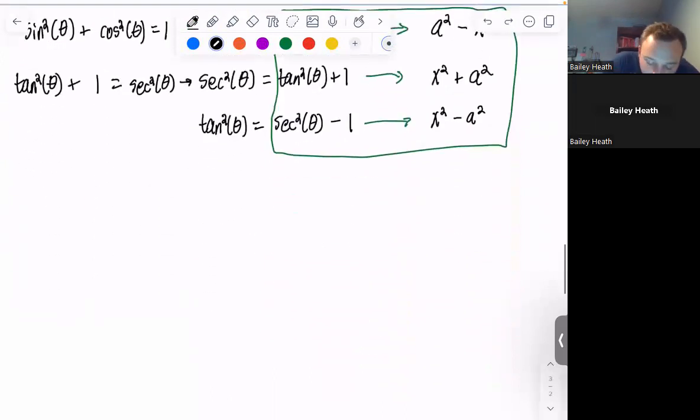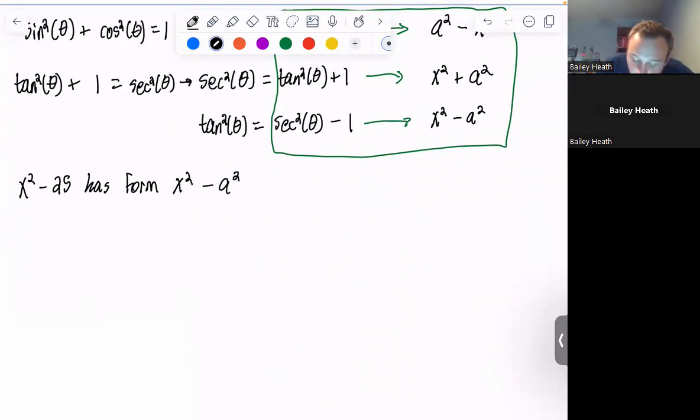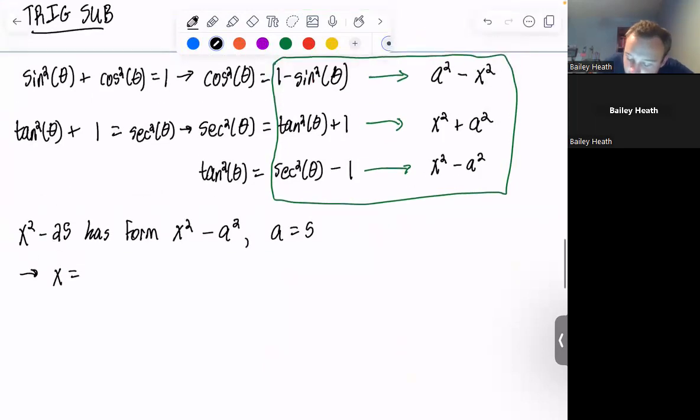This x squared minus 25 has the form x squared minus a squared, and in particular, our a here is 5. So this tells me that my substitution, I'm going to use this bottom identity.